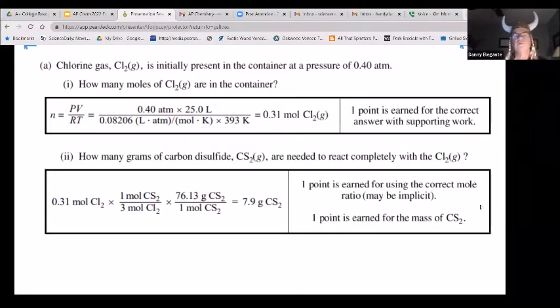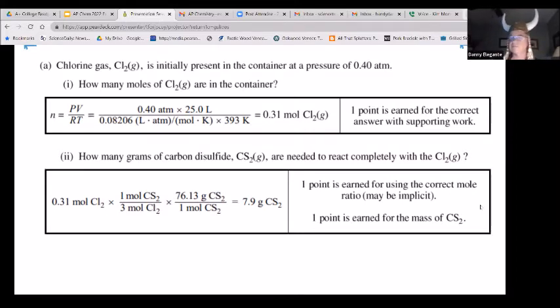So the reason why it's 1 mole of CS2 to 3 moles of Cl2, that came from the balanced equation. And then the 76.13 comes from molar mass from the periodic table. So carbon is about 12, sulfur is about 32.